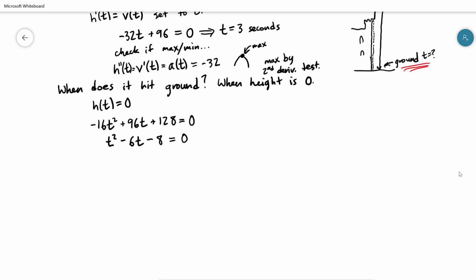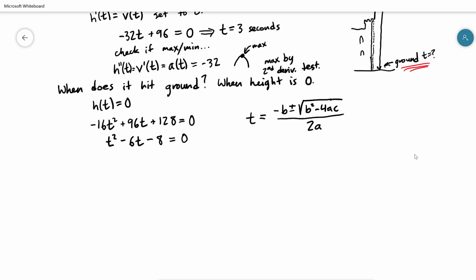So the quadratic formula, again, says that t will be equal to, in this case, negative b plus or minus the square root of b squared minus 4ac all over 2a, where a, b, and c are respectively the coefficients of the first, second, and third term.